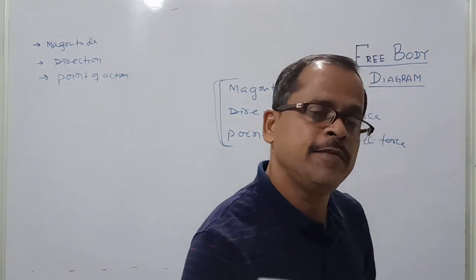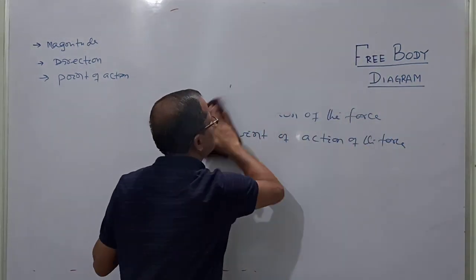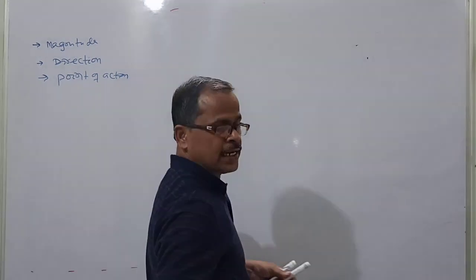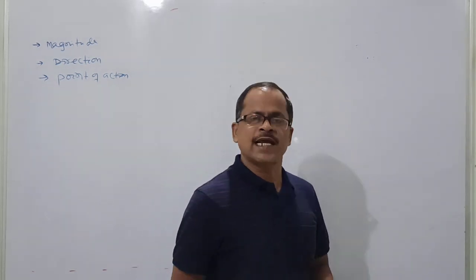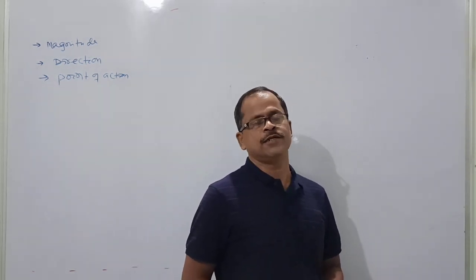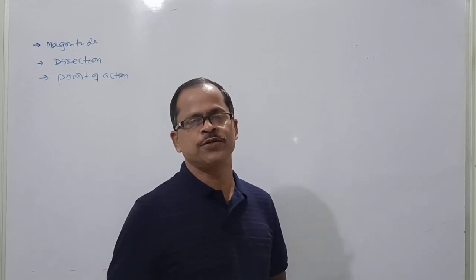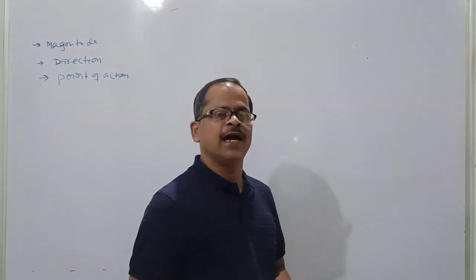Now another very important point on force: forces are categorized mainly into two types. One is a contact force, another is a non-contact force. If you understand what a contact force and a non-contact force are, then we will be able to draw the free body diagram and analyze the system.